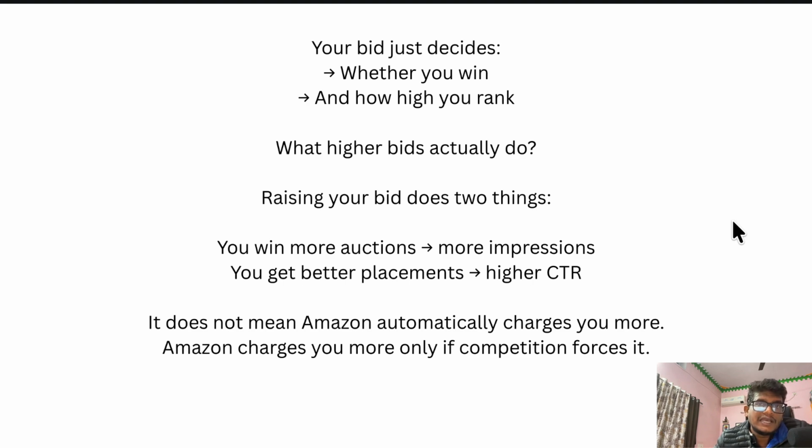If you are putting a really high bid and you are outbidding all your competitors, then you will get the best placement, the best ad rank. So what do higher bids actually do? When you increase your bid to the highest possible, more than the suggested bid, it does two things. When you raise the bid, you win more auctions, and if you win more auctions, you get more impressions for your product for that particular keyword, and also better placements.